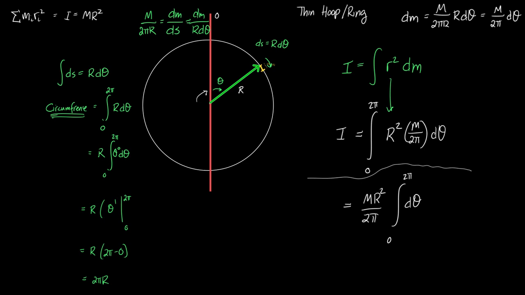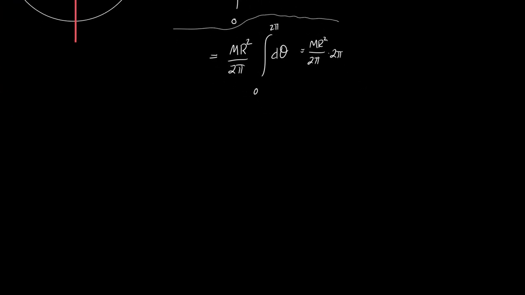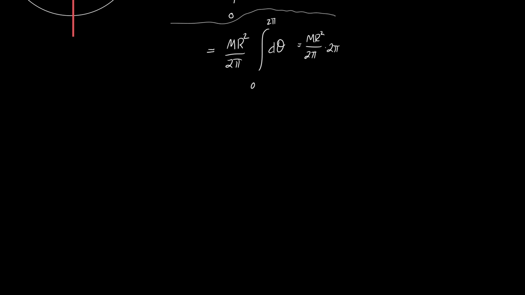This is just calc. We just did this integral. It works out to be 2 pi. So I can just write this as m R squared over 2 pi times 2 pi. So, canceling out the 2 pi, I get the expected answer, m R squared.